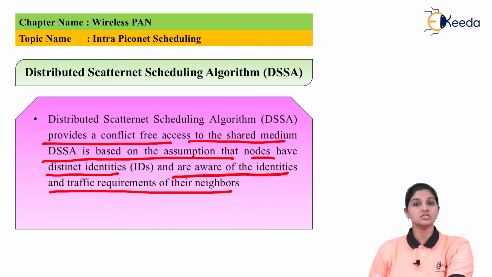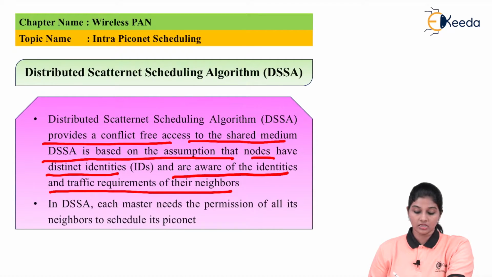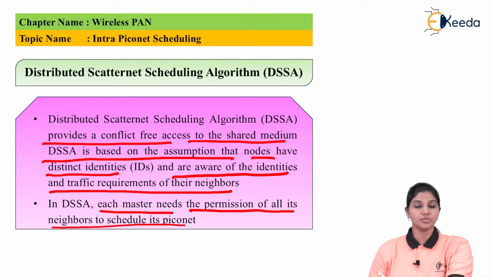So in this case, it is assumed by the master that the nodes present in the network must be aware of the neighboring node properties, and also of the traffic requirements of the neighboring nodes. In DSSA, each master needs the permission of all its neighbors to schedule its Piconet.